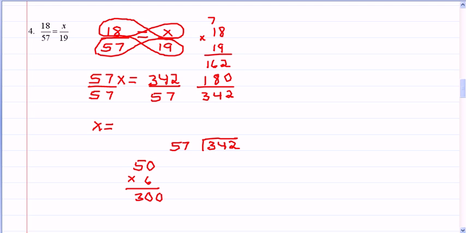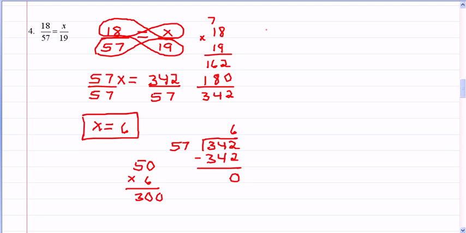So that's close to 342, but we know that 6 times 57 will be a little bit higher. So if I start with 6, I get 342, so it goes in evenly. So my answer is x equals 6.